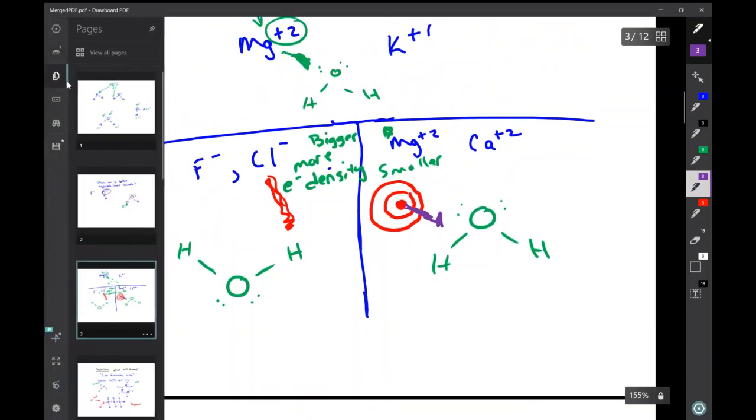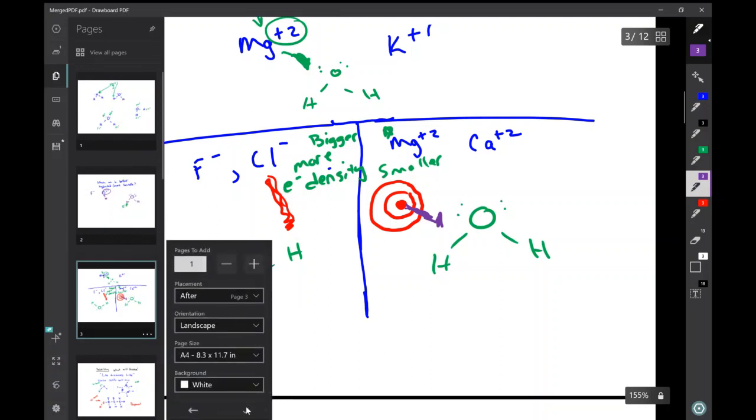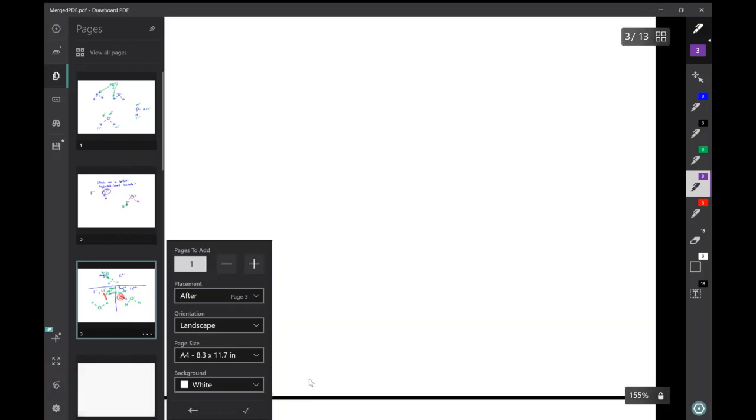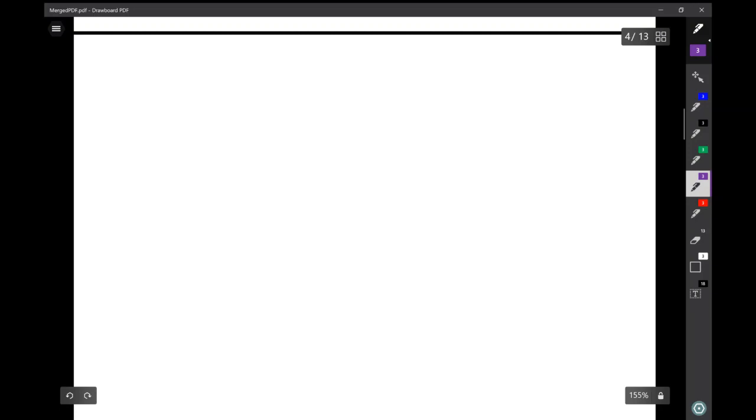And we'll do one more example here. Let me get my slide. Here we're going to do ClO4 minus and Cl minus. So which one's better there? That's the winner.